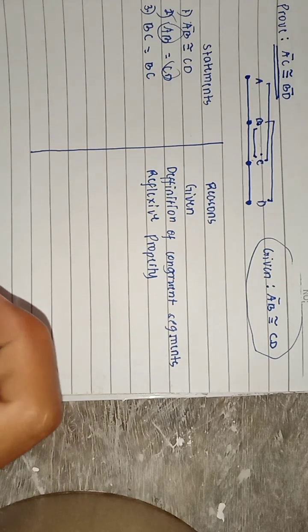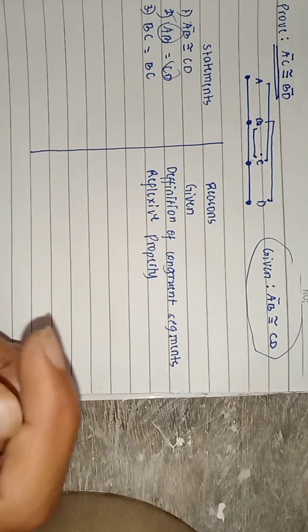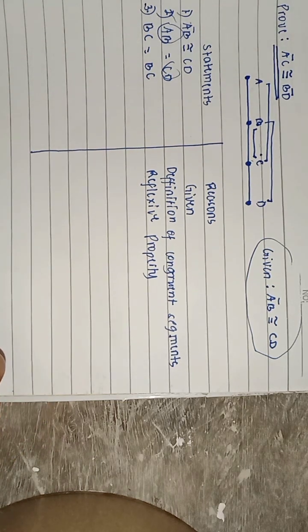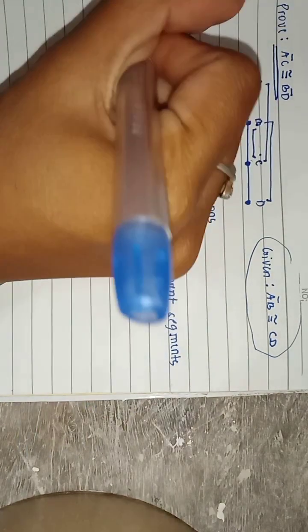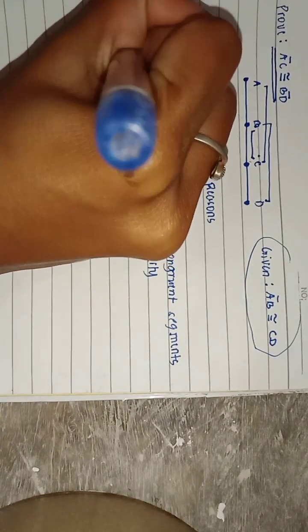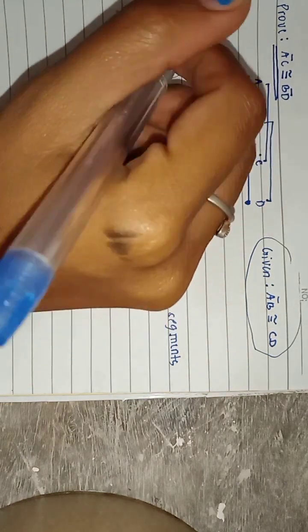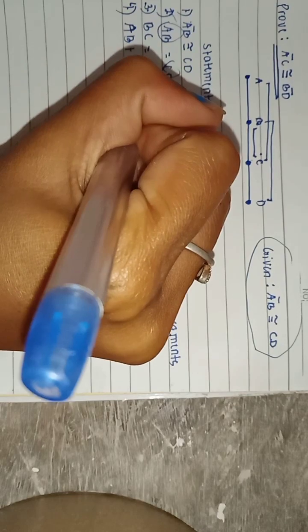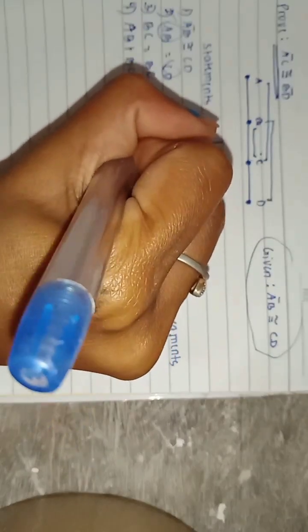So now we're gonna add statements number 2 and 3, the equation form. So we're gonna get AB plus BC is equal to BC plus CD.